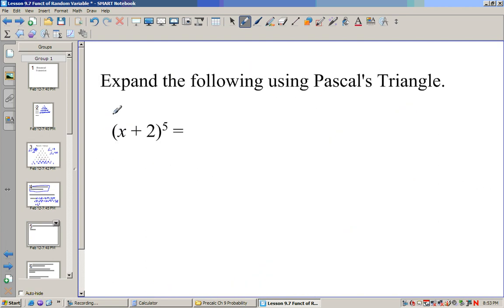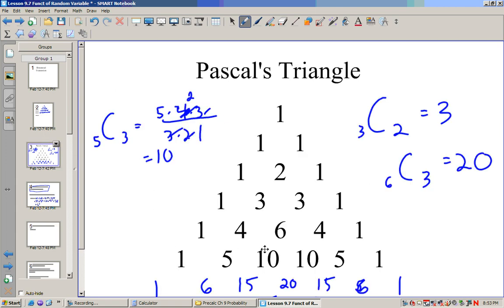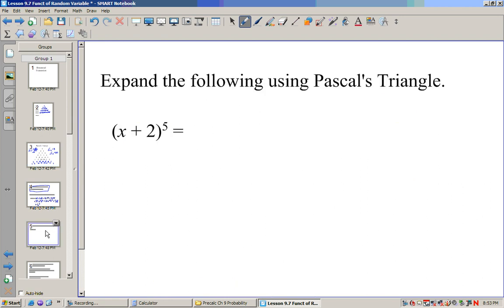Alright, now let's expand (x + 2) to the 5th. Alright, so we're going to use the 5th row, 1, 5, 10, 10, 5, 1. So I'm going to write that 1, 5, 10, 10, 5, 1.